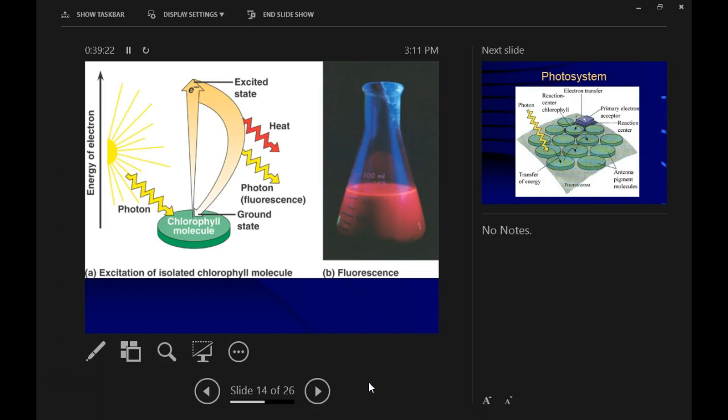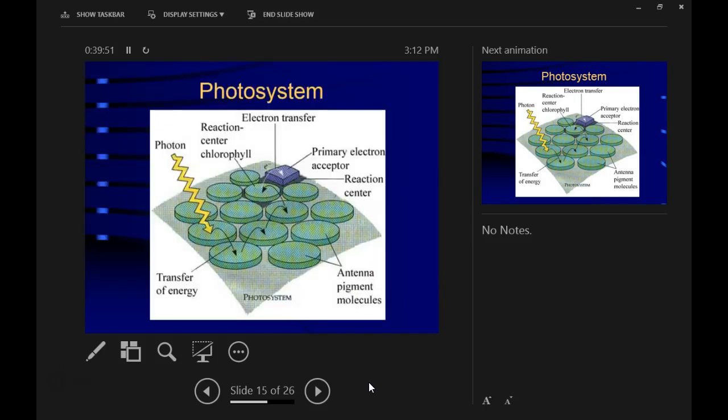The chlorophyll are in little islands, little clusters of chlorophyll molecules, about 300 chlorophyll molecules per island. And these islands are scattered throughout the membrane. So there are spaces between the little islands of chlorophyll molecules. We have a name for these islands. These islands of chlorophyll molecules in the membrane are called photosystems.